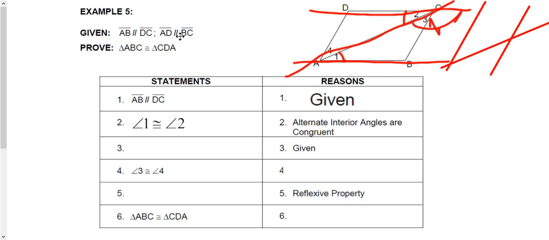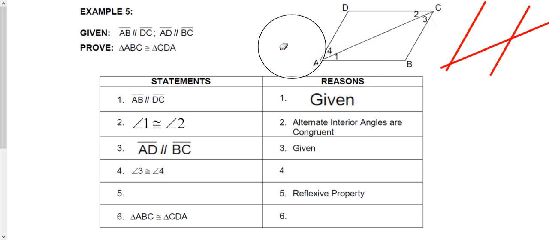I'll go to this next given statement. These two are parallel, AD and BC, given information. So let me clean up my picture a little bit. We do have 1 and 2 congruent right now.